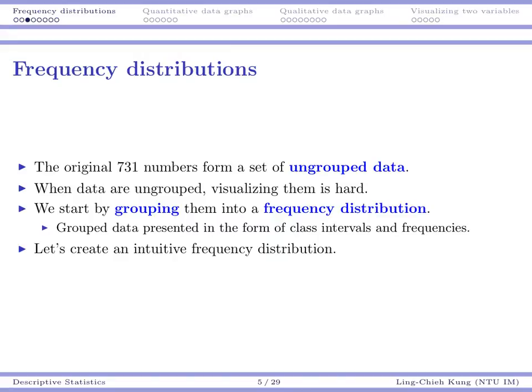When numbers are ungrouped, visualizing them can be very hard, because if you plot 731 numbers on a plot, it typically does not tell you anything. So an easier thing for people to process, for people to understand your data graph, is to first group those numbers into a frequency distribution. We will group them so that we can use class intervals and the frequencies to summarize our set of data. So let's try to do one.